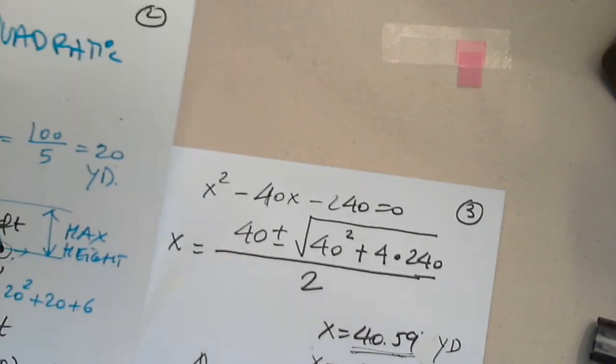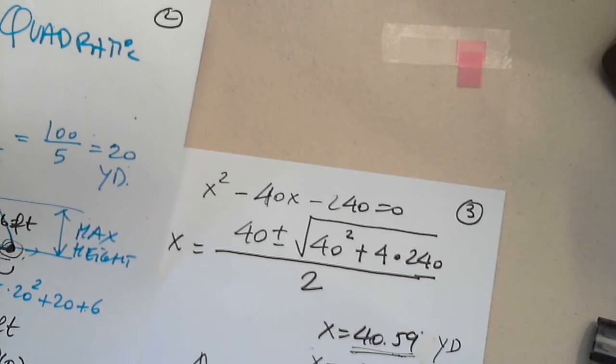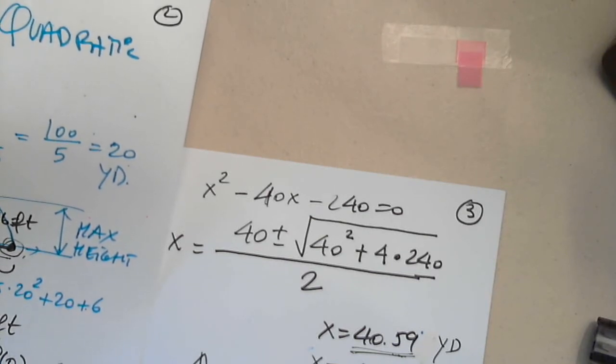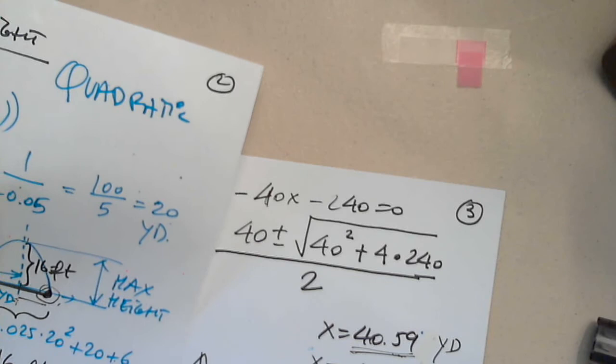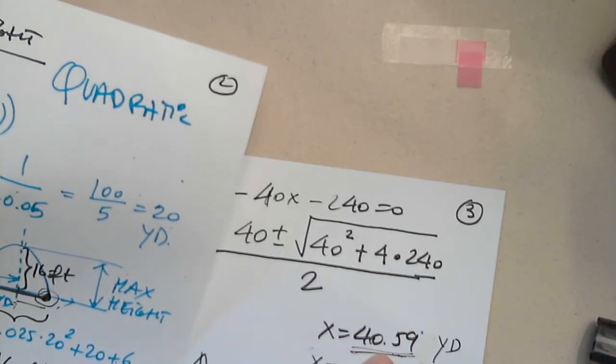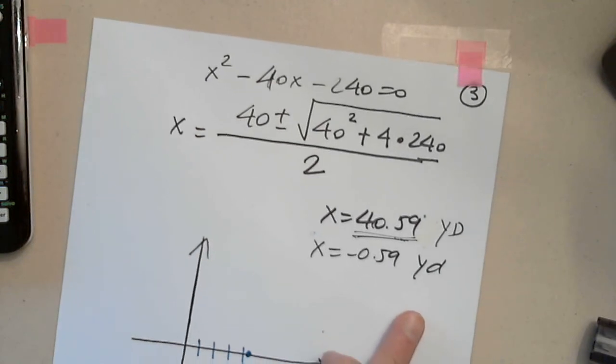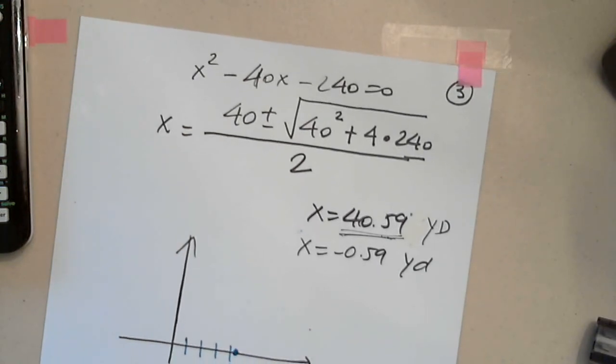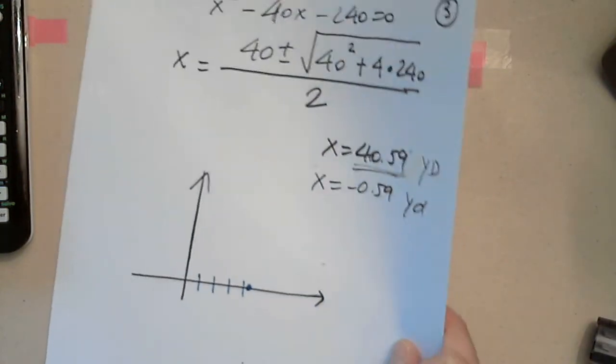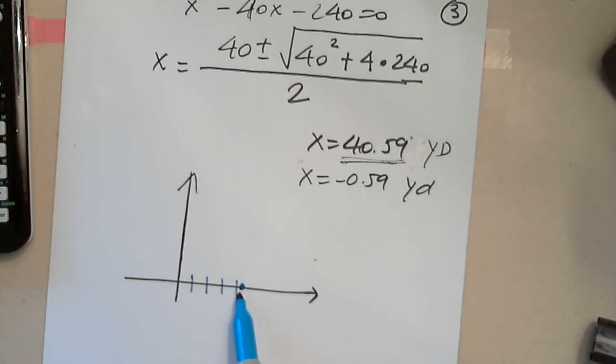So let's see what type of unit I'm going to use. 10, 20, 30, 40, 40.59. This is the X, one of the X-intercepts. Sorry. I hope you can see. So this is 40.59.